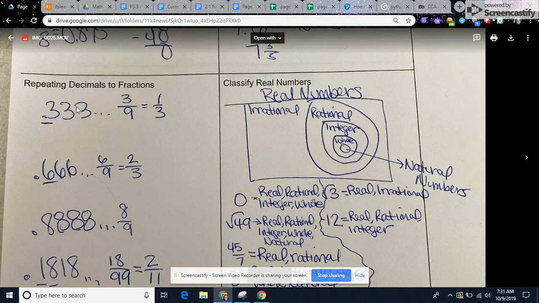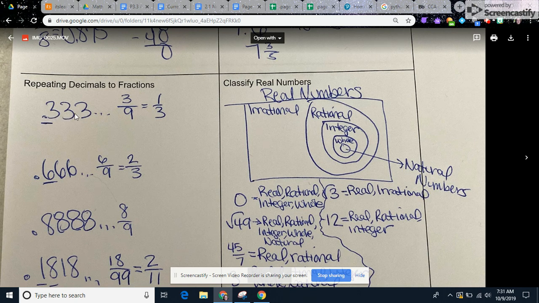Repeating decimals to fractions. I can show you a complicated algebraic way to do this when I get back to school, and maybe the video that you could watch instead of listening to my video would have that complicated way if you're interested. But basically what I do is I see how many digits are repeating after the decimal.